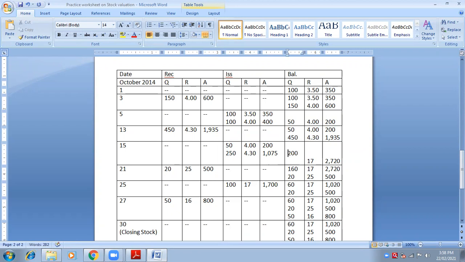200. What is the rate of 200? 4.30, because it is a part of the 450 units only. And after multiplication, what answer do you get? 860. 200 into 4.30 is 860.